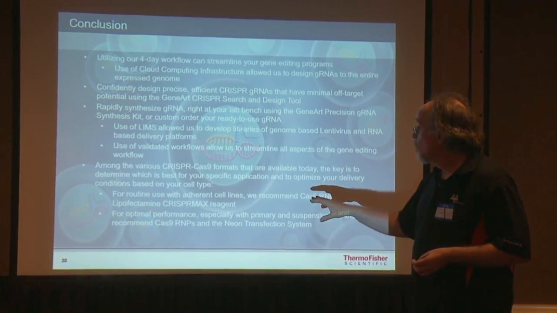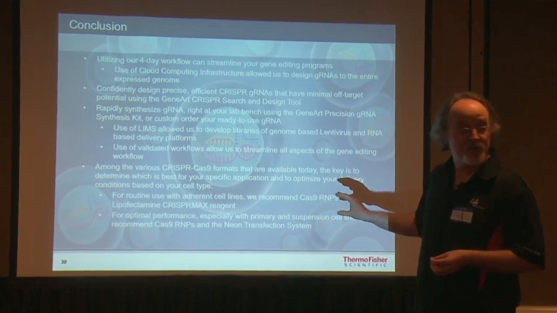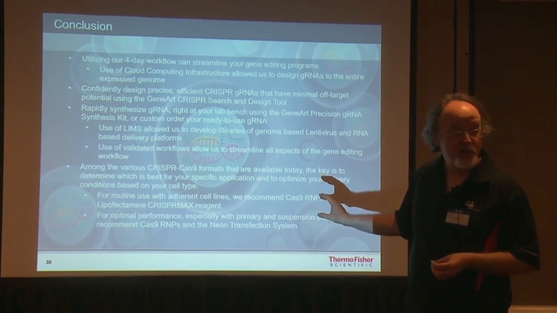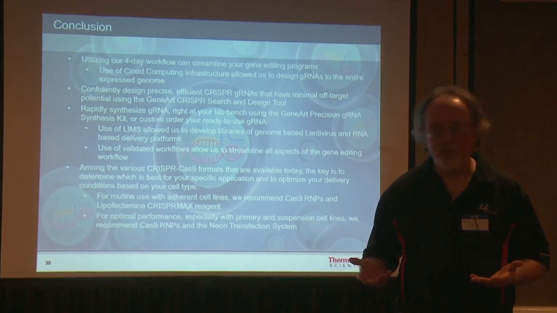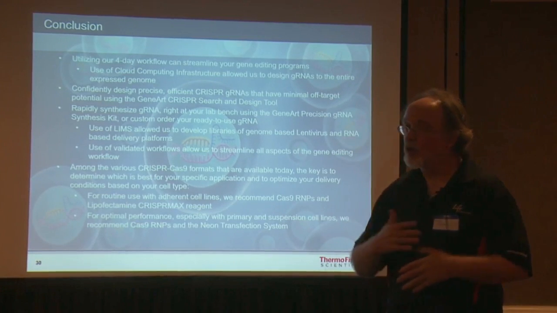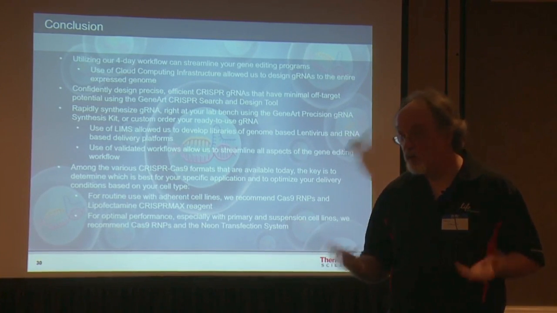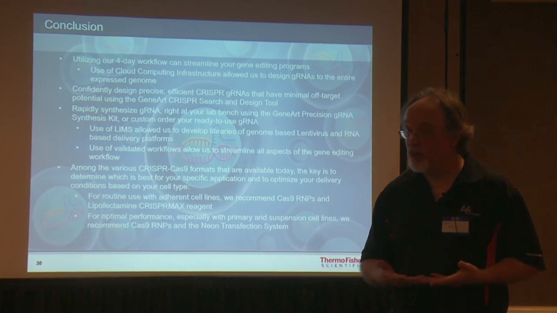And the key is to determine the best likely combination of technologies that will allow you to do your experiment. So again, think about it. You look at the methods paper of any given paper which is published today, and you have a variety of different tools, reagents, and sources from a whole bunch of different places. Now again, one of the advantages of ThermoFisher is because we're so large, we don't have to leave our own company anymore.